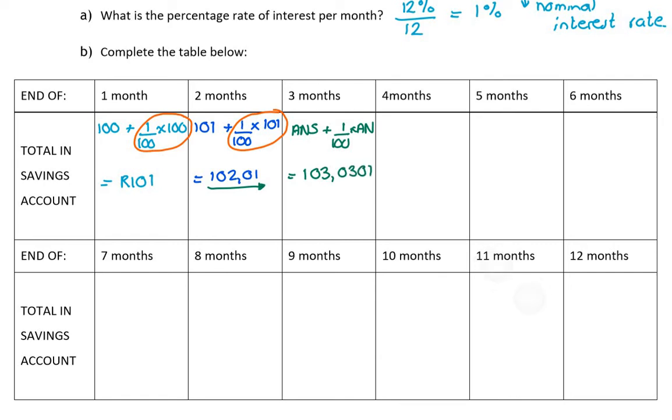Now what's really nifty is that because you use the answer key, your calculator now knows that what you wanted to do is to take that answer, add 1% of that answer, and keep on doing that every month. So every month it's going to be using the new current amount.